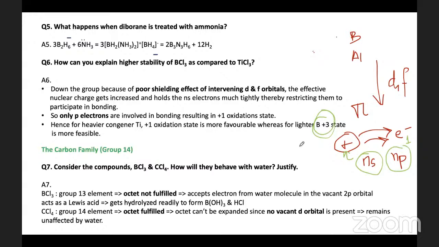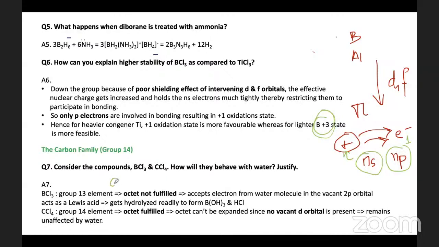Now we'll come to group 14. For the group 14 elements, the first question is: consider the compounds BCl3 and CCl4, boron trichloride and carbon tetrachloride. How will they behave with water? Now, I have already told you that B is a group 13 element whose octet is not fulfilled.